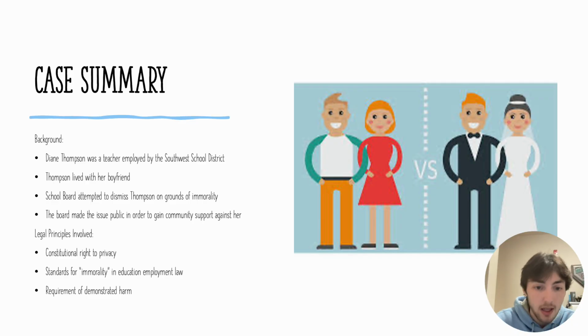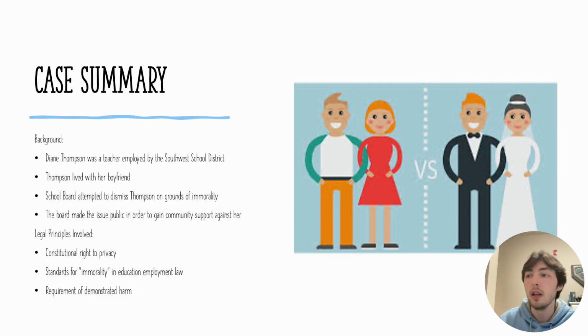So, getting into the legal principles involved. Again, obviously, a person's constitutional right to privacy. The board made this situation public, which is obviously a violation of that. On top of this, standards for immorality in education employment law.